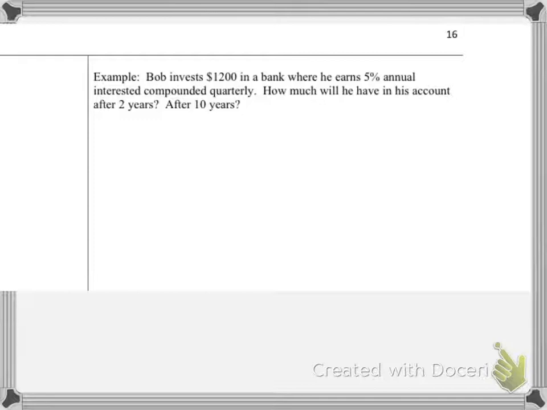So Bob invests. All right, so let's color code some stuff here. If Bob invests $1,200 into an account, that investment for us, just in general, would be the initial amount going in. So we're going to call this A, or the initial amount. How much he puts into his account.